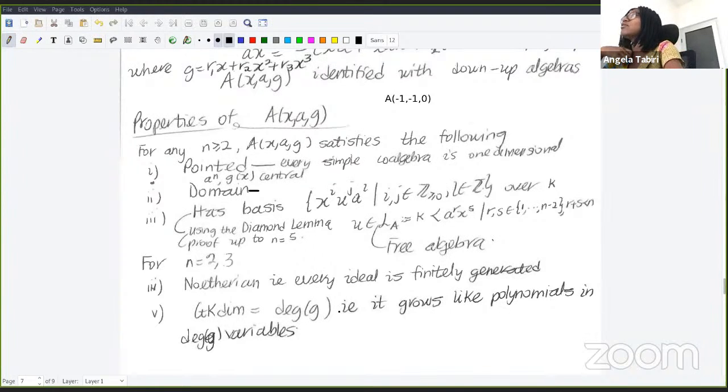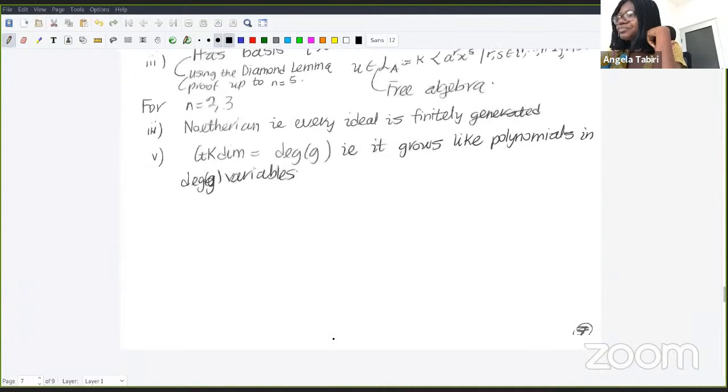GK dimension: think of the polynomial ring in n variables. It grows, and its GK dimension is n. So we look at how our algebras grow, and it turns out that apart from degrees 2 and 3, they have infinite GK dimension. They grow too fast.